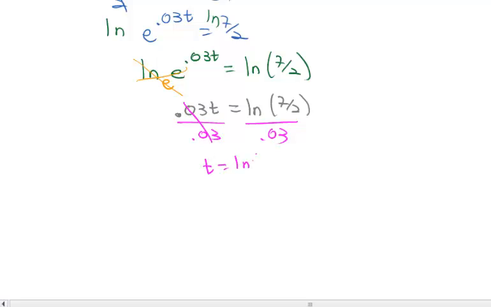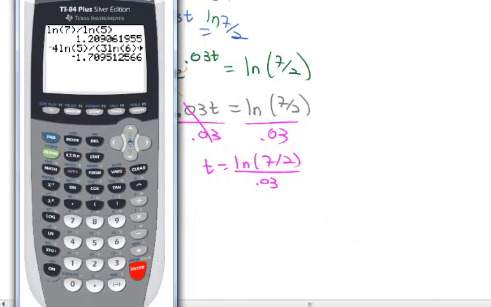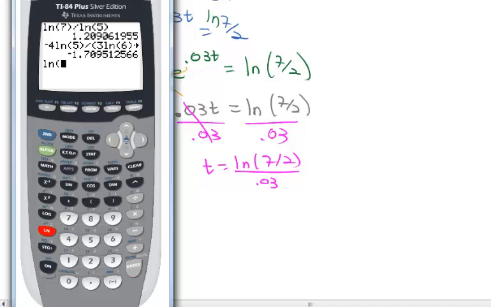And t is equal to the natural log of 7/2 divided by 0.03. Our calculator can take care of that quite nicely for us. The natural log of 7/2, close the natural log, divided by 0.03, and we get 41.76.